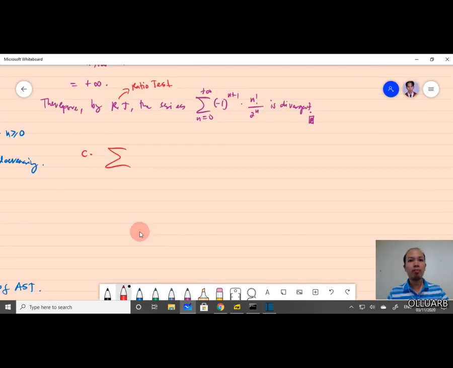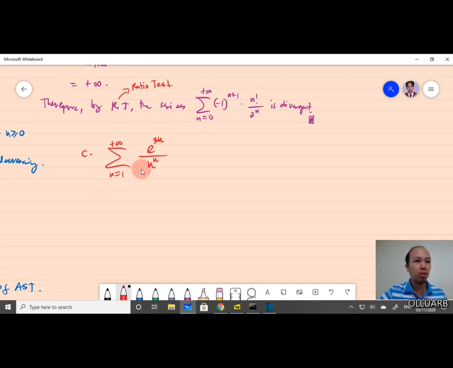Let's try this example to illustrate the root test. The summation of e to the 3n over n to the n, where n starts from 1 to positive infinity. As you can see in this example, there is no factor of negative 1 to the n plus 1.